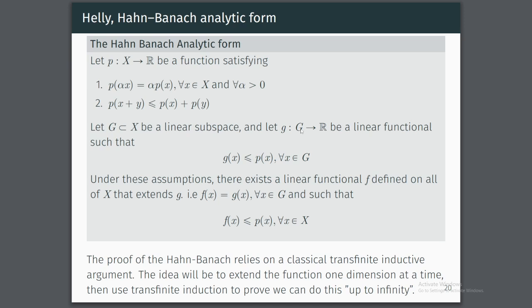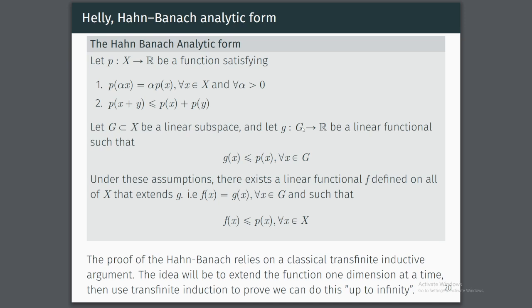Okay? So let's say I have a space G, and I take an element outside of G and I define G plus tx0, right? So that's a 2-dimensional space. And then I do a certain explicit argument and I prove that I can define this extension. So I can move from 1 dimension to 2.